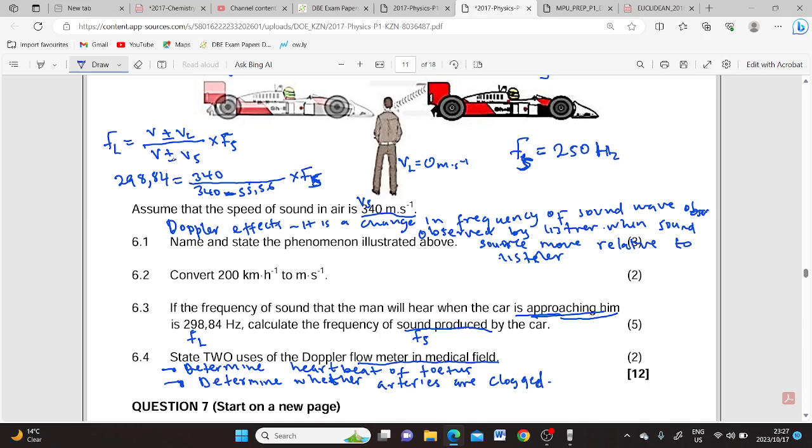Right, these are the two things that apply the Doppler flow meter in the medical field. So that's it for this question.